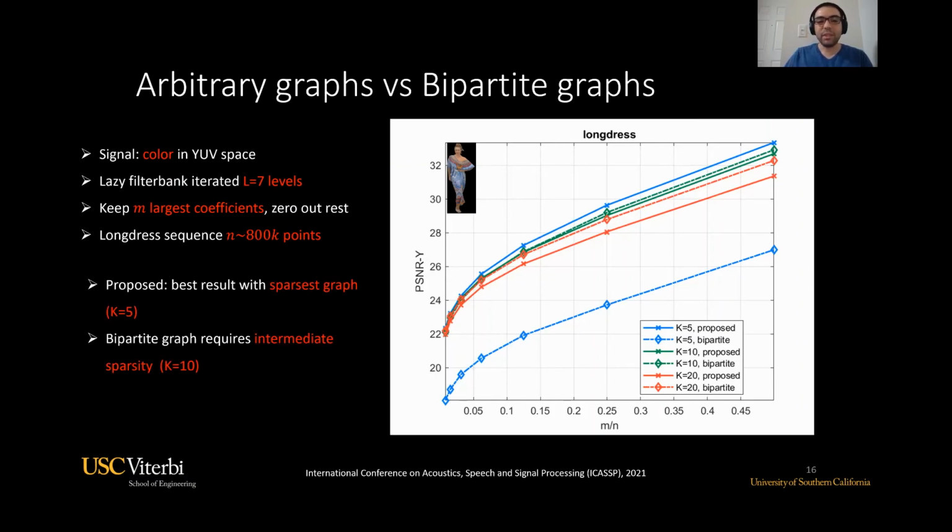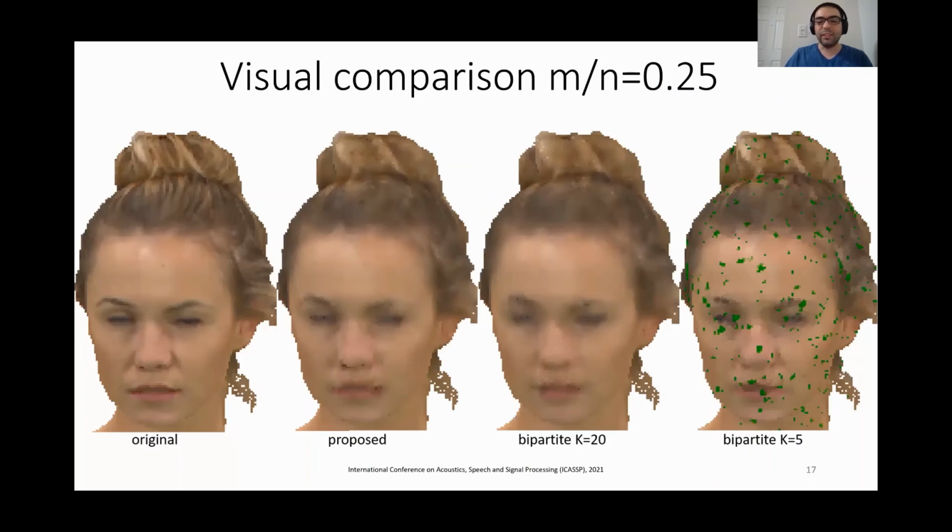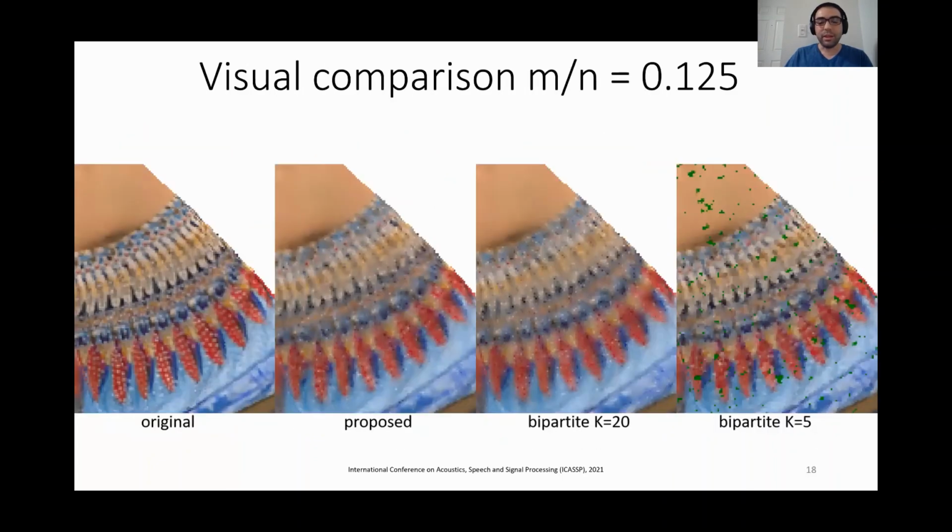We observe that the best result of our proposed method, the blue line, is obtained with the sparsest graph, with k = 5, while we always outperform the bipartite implementation, and this bipartite implementation also doesn't perform as well with a very sparse graph. It requires a somewhat more dense graph. You can see the differences in terms of visual reconstruction. Very sparse graphs that are bipartite really have a lot of artifacts. And here's another example on the texture of the dress.